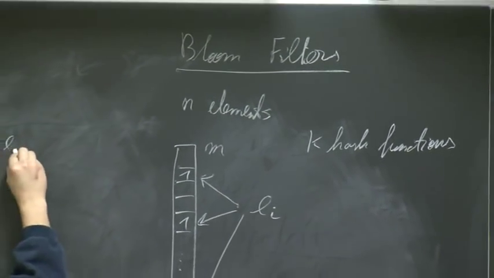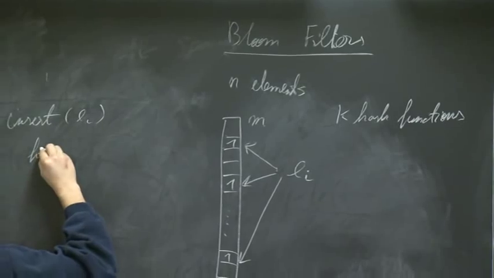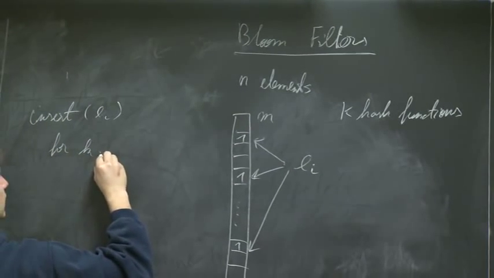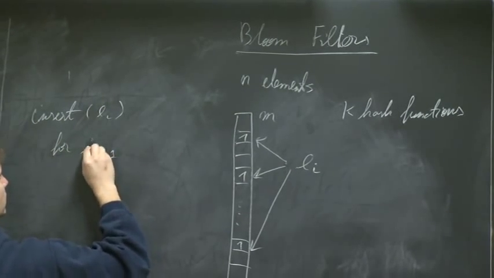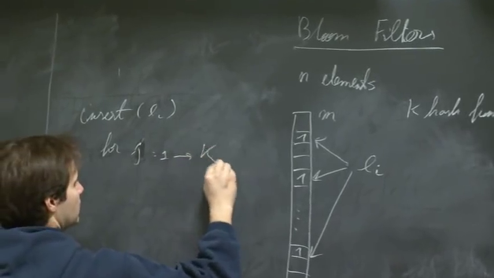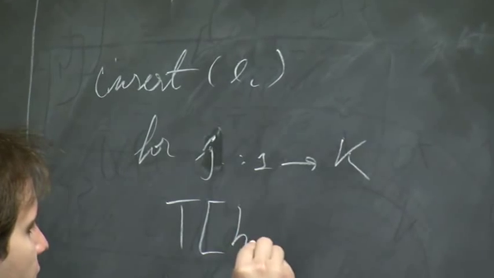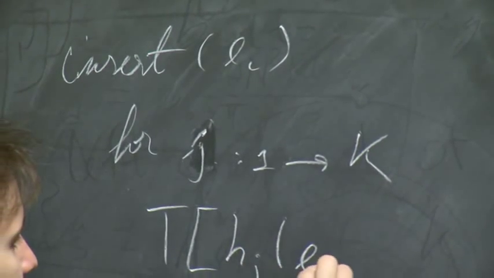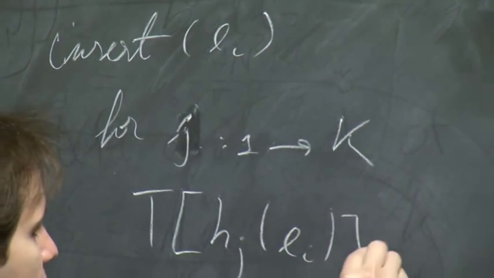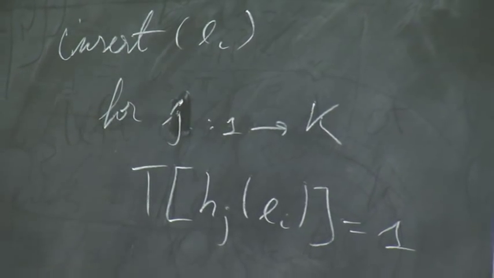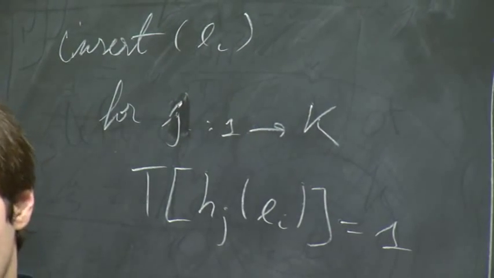So insert E_I becomes: for j in 1 through k, the table bit corresponding to hash function j of the element is set to 1. So each element sets k bits to 1.